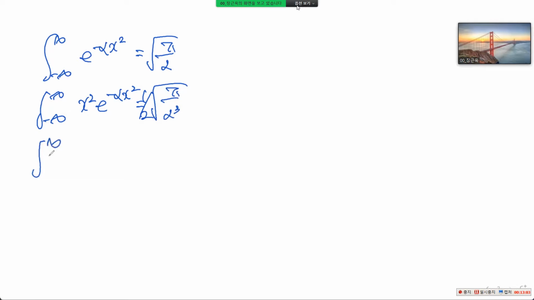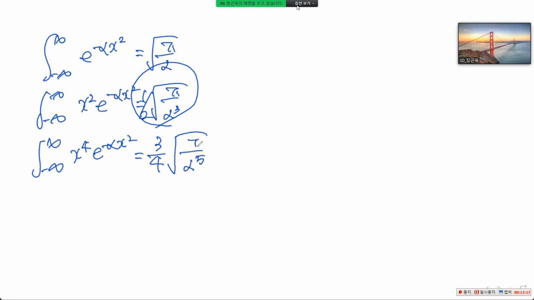Then similarly, we can also have x to the fourth e to the minus alpha x squared. We take another derivative with respect to alpha, and we can calculate. So for more even powers, we can do similar jobs.